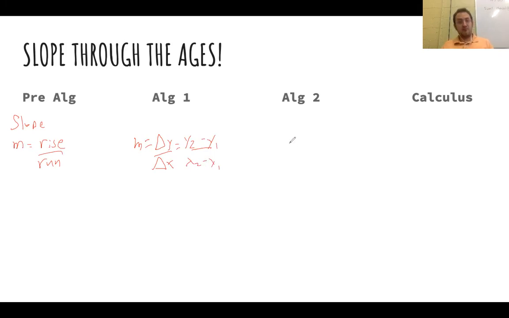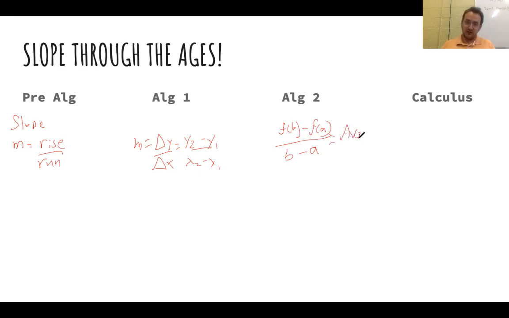And then when we get to algebra 2, they may have given you an equation in function notation, like f of b minus f of a over b minus a. It's the type of thing where I give you a function and you plug in the starting and ending point of the function. And at the bottom, that's just the width of your interval, or x values, so to speak.